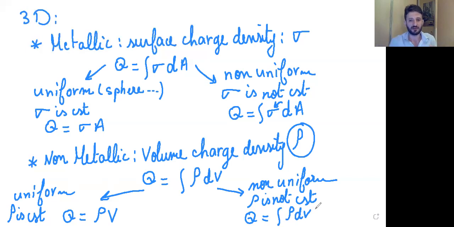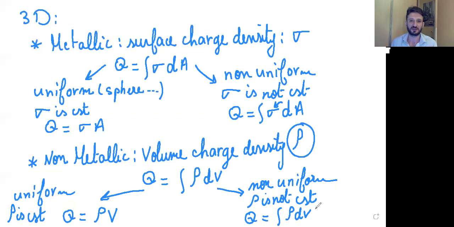In general, let me resume. In the case of three dimensions, you have to talk about metallic or non-metallic. In the case of metallic, the charges will be away from the center. We don't have any charge in the body. But about uniform and non-uniform, it depends on the shape of the object. If the shape is symmetric about the center, in this case we have a uniform distribution.